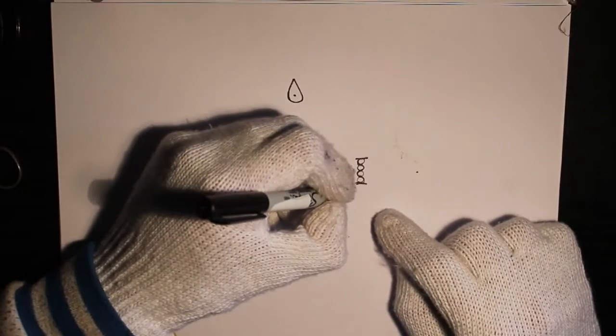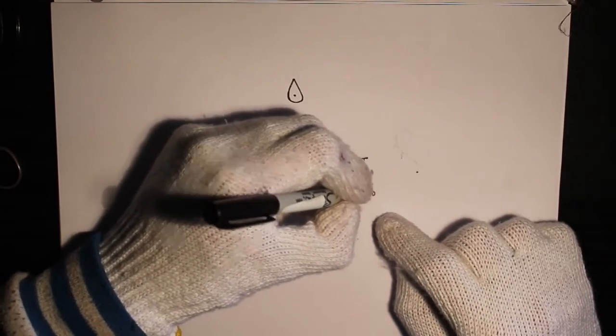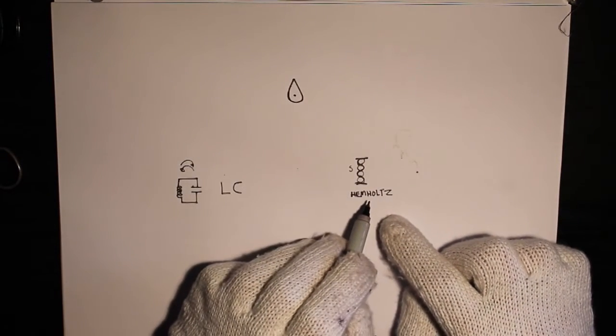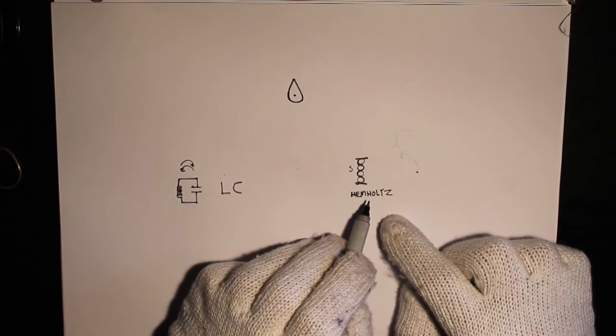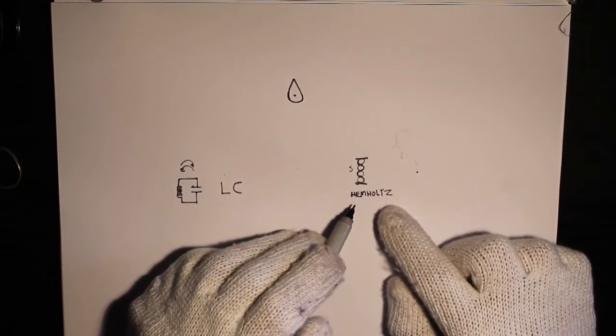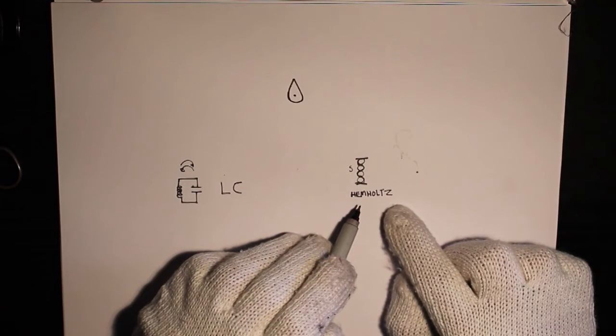It works very similarly to a Helmholtz resonator, which is like when you blow on a bottle and it makes that tone.